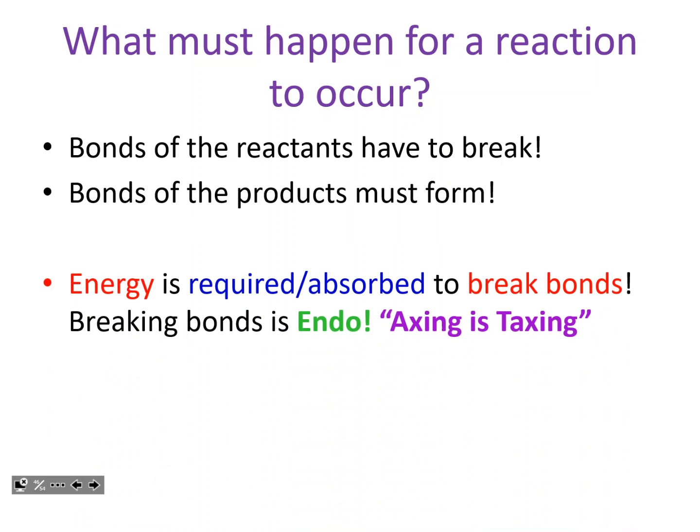Now, just remembering, and we've already talked about this, energy is required or absorbed to break bonds. So breaking bonds is endothermic. Overcoming forces, breaking bonds, anything of that sort goes under the endo category. And we say axing is taxing because you're like chopping wood with an axe. Axing is taxing. Of course, it's requiring energy.